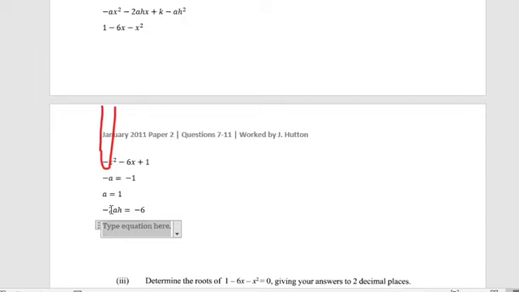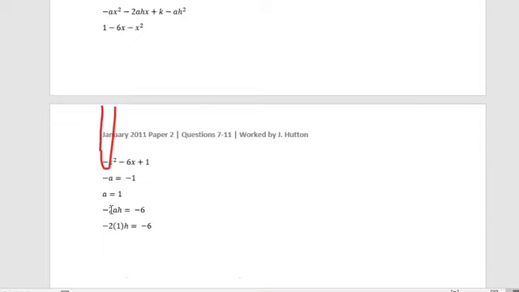We can now go ahead and solve. Start by substituting. So minus 2 multiplied by 1, which is the value for a that we just found, multiplied by h is equal to negative 6. So now what we have is minus 2, so 2 times 1 is 2, h is equal to negative 6.